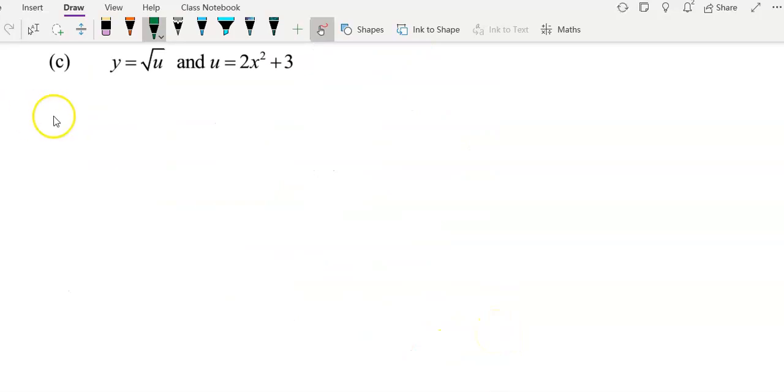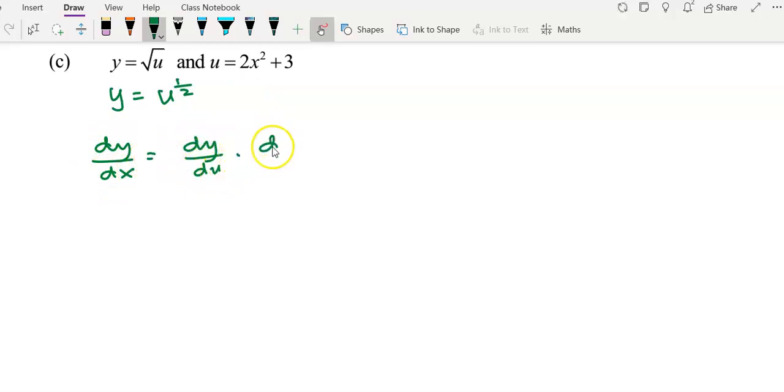And the third example, before I start, I will rewrite the square root of u in the form of u to the power of 1 over 2. So to get dy dx, again, I will stick to the chain rule, dy du multiplied by du dx. dy du means you are differentiating y with respect to u. Move the 1 over 2 to the front and the minus 1 to the power. Multiply by du dx, which is 4x, from differentiating 2x squared plus 3 with respect to x.